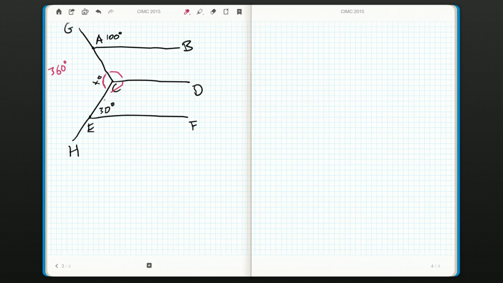That's great and all, but what are these other two angles? What is ECD and ACD? Because once I figure that out, then I can say X degrees is the 360 for the total circle minus angle ACD and minus angle ECD.